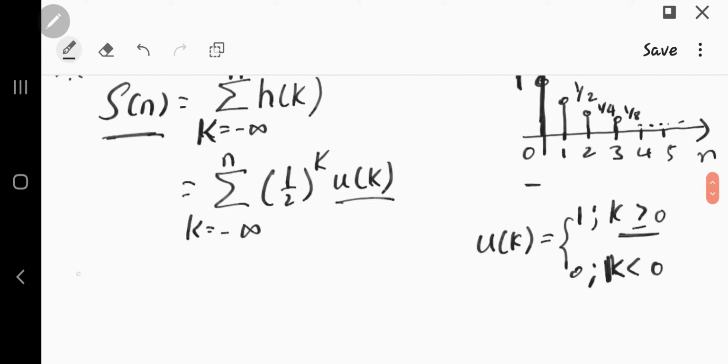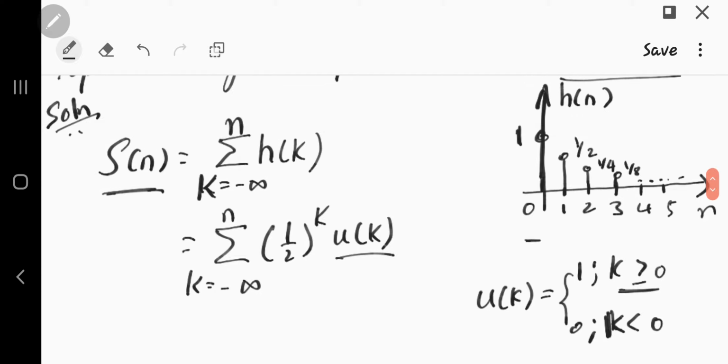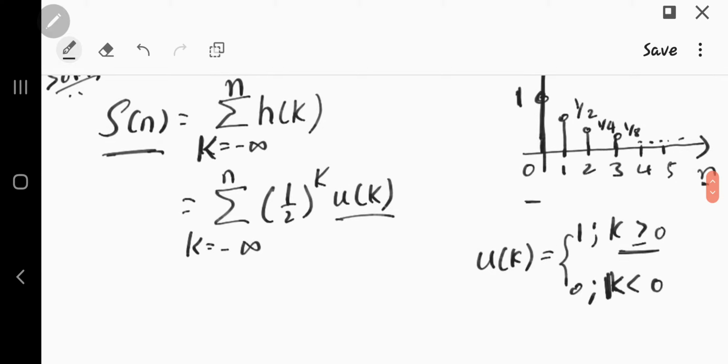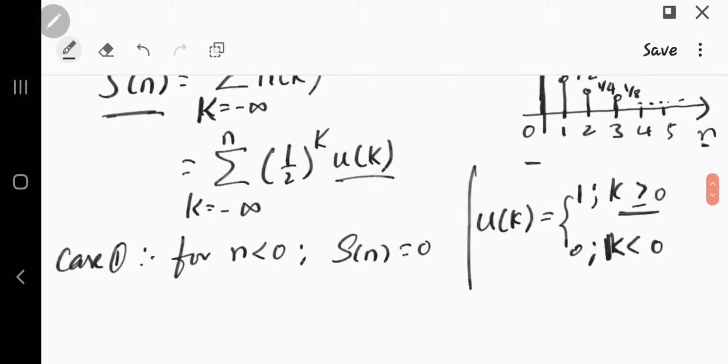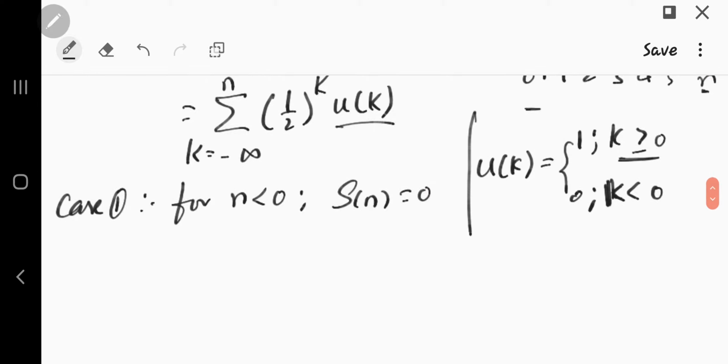In the first case, if you look at the signal, for values of n which are less than 0, there is no signal. So that means our s of n will be 0. So case 1, for n less than 0, s of n is equal to 0. Why is it 0? Because h of n is present only for positive values of n.